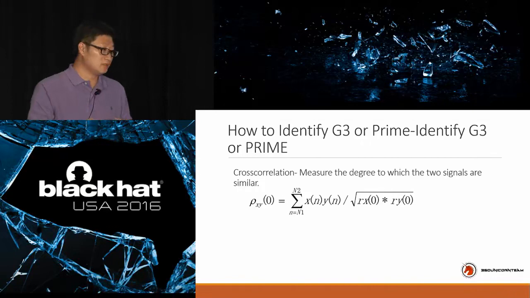The shape is important. So we need to get a unified standard to indicate the similarity degree. So we get a normalized value, which is from -1 to 1.